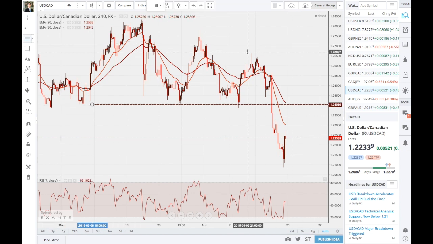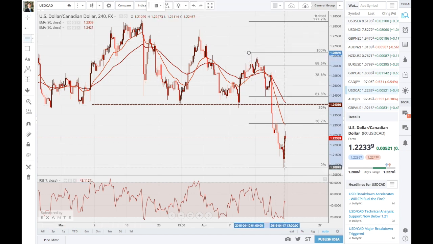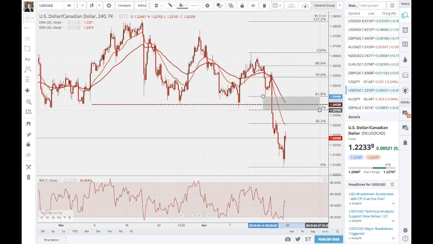If we pull a Fibonacci and look for confluences, you can see the 50% and 61% come in around this structure level as well. So if price comes back up, you guessed it, I'll be looking for a shorting opportunity to continue riding the trend. This is basically how I analyze based on structure trading.